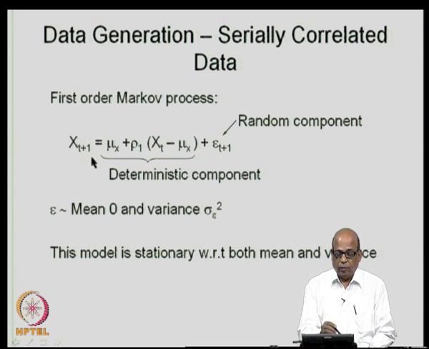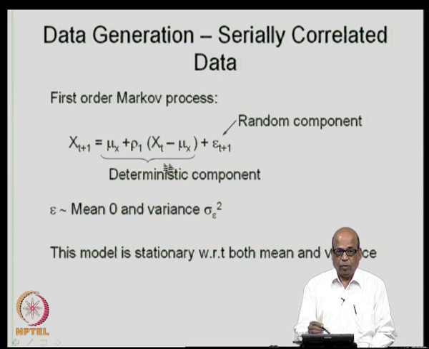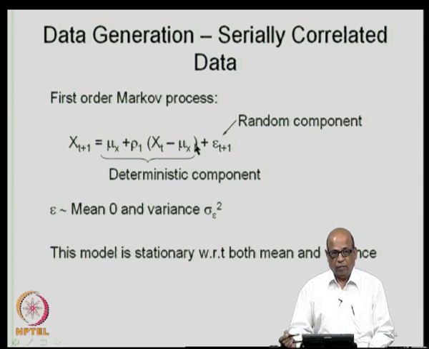So, when we use this, we introduce the random component with the mean of 0 and its own variance sigma e square. We would like to generate, using this model, those values which will have the same mean as mu x and the same variance as sigma x square.